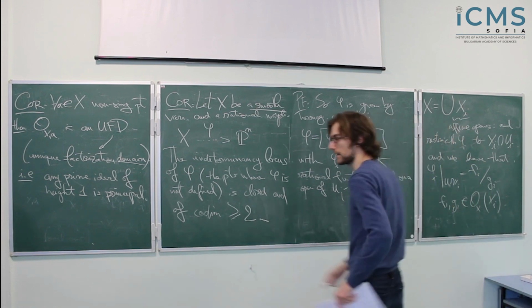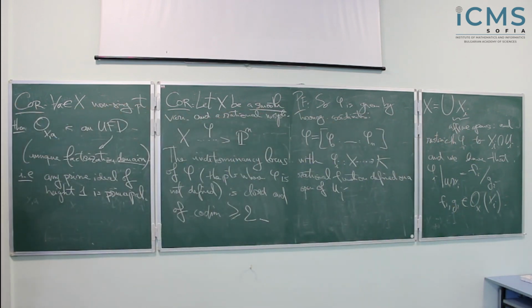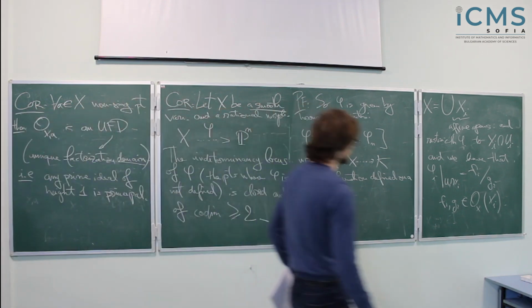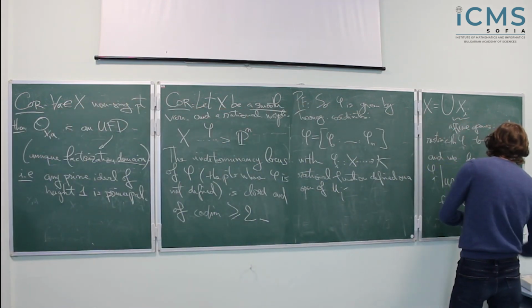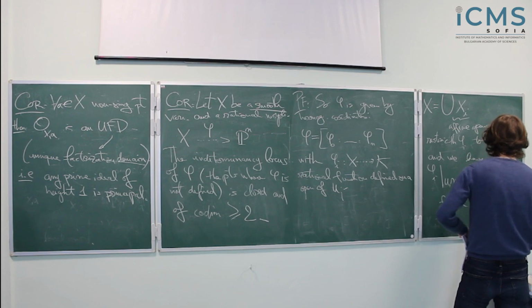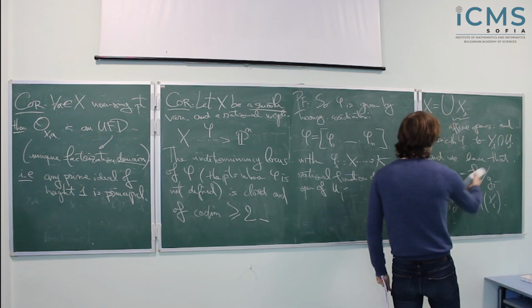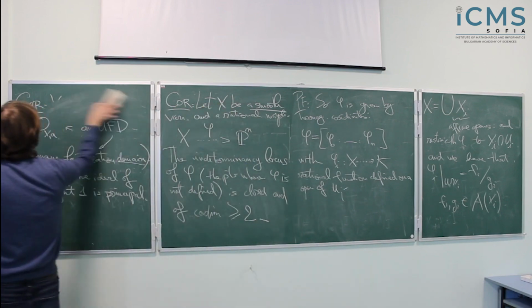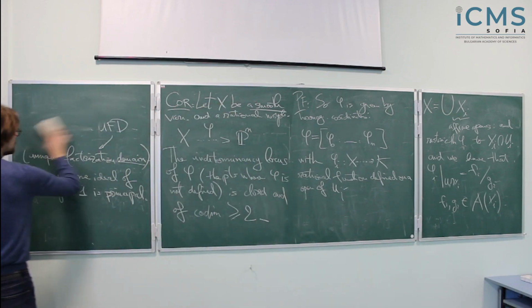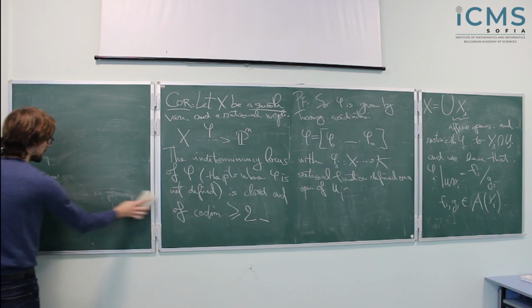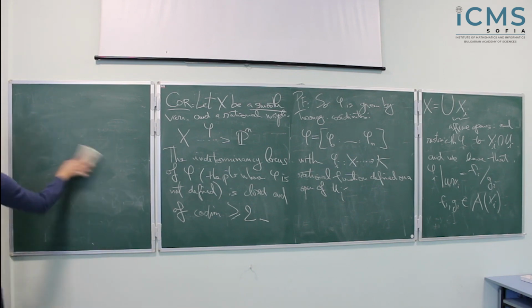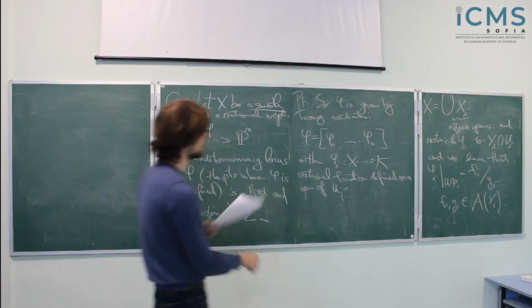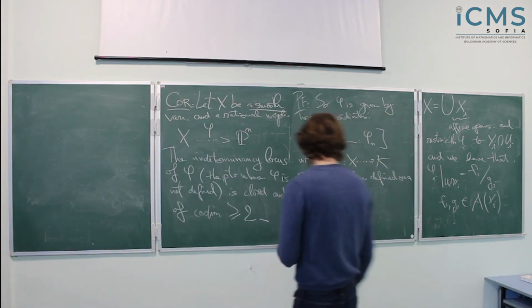Well, no, I gave another notation for this. This is A(X), so this is the coordinate ring of X. So rational functions, if you remember, are quotients of two functions from the affine coordinate ring in this setting. So what I want to know is what's going to happen if I restrict to the affine coordinates.